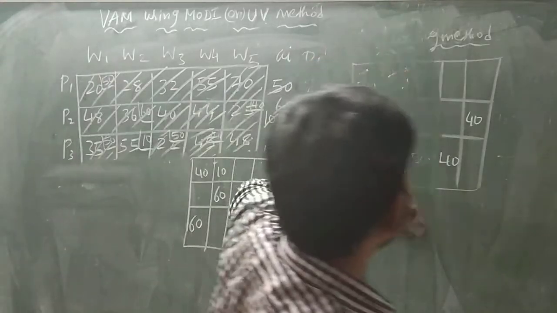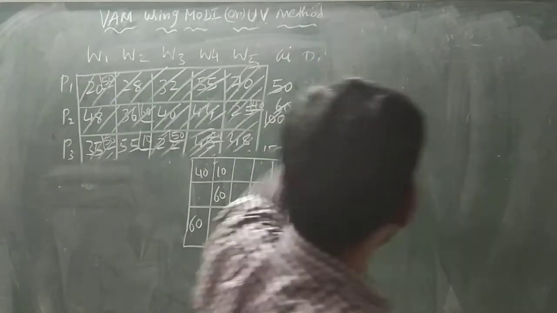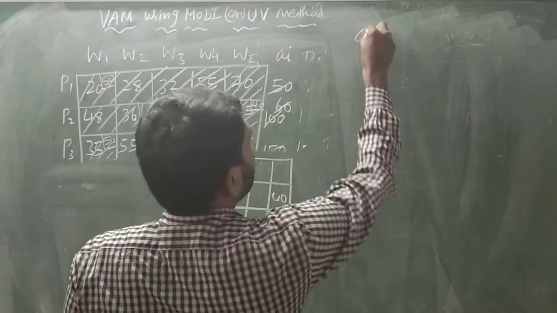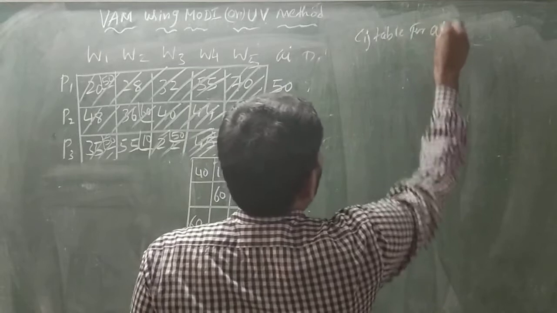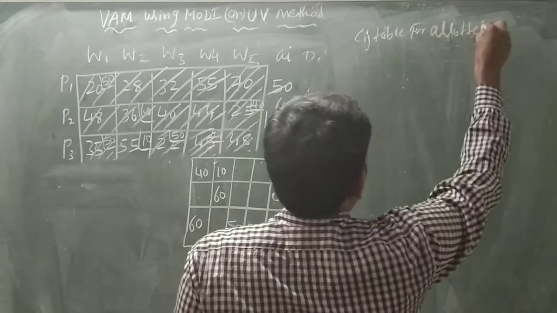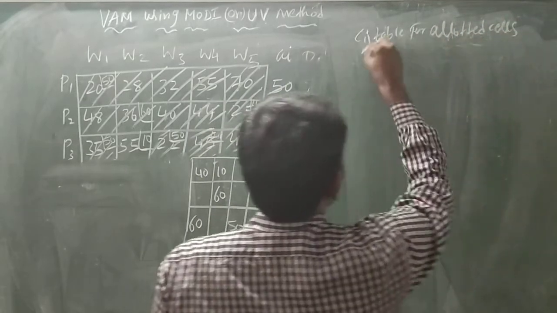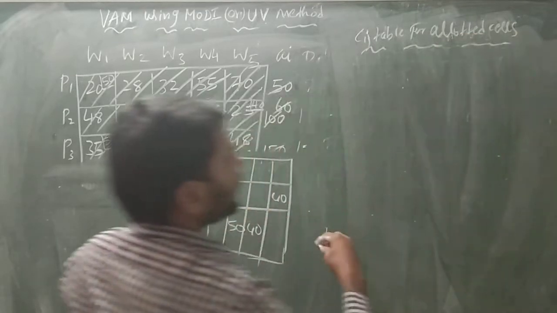Now again we have to find the Cij table for allotted cells.